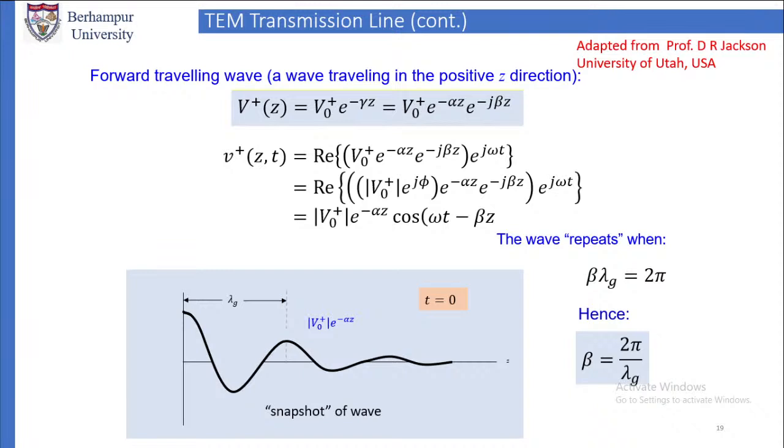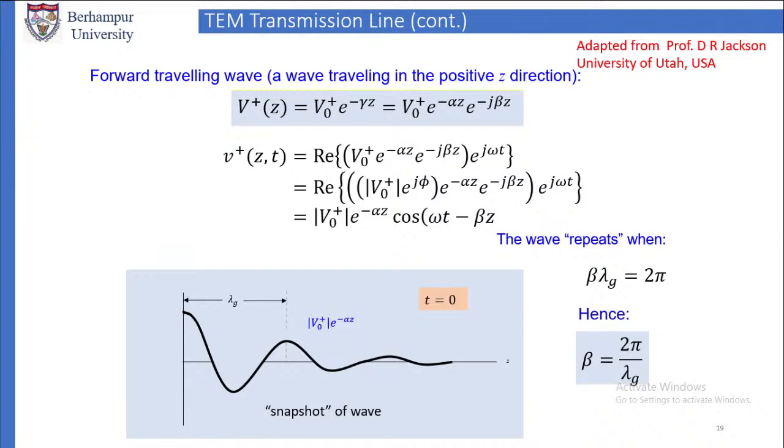Therefore, small v plus is a function of z and t, whereas capital V plus is a function of z only. So small v plus will be the real part of capital V plus into exponential j omega t. If you take the real part, you find V0 plus exponential minus alpha z into cos of (omega t minus beta z).